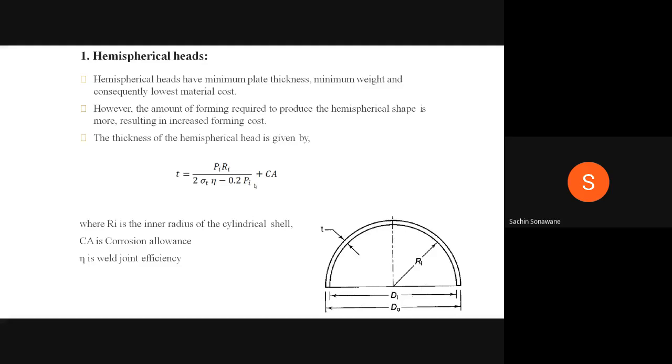Ca is corrosion allowance. Terminology also you write down. Pi is inside pressure.